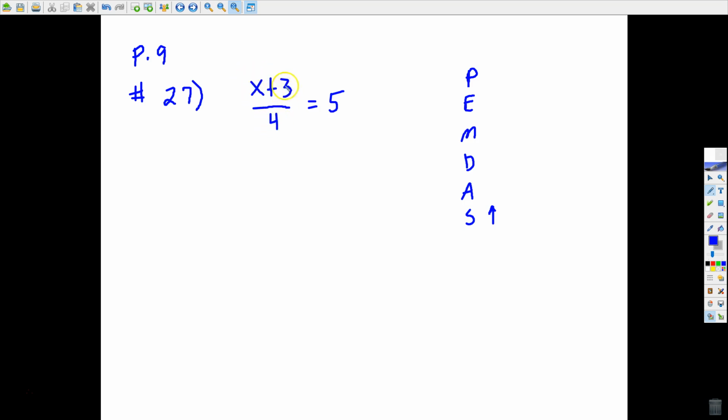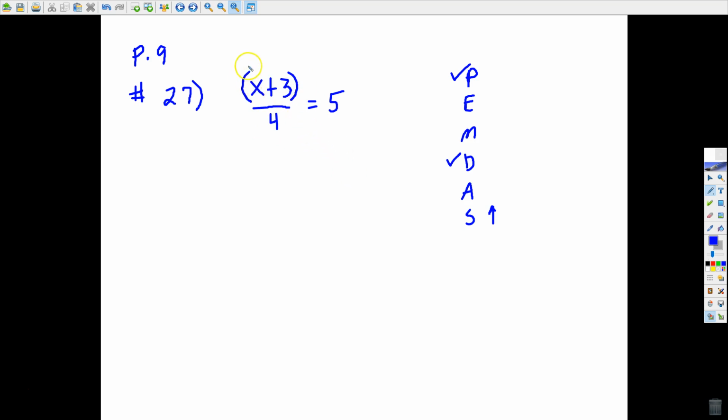You have to keep this numerator together as a group, and so in cases like this where the variable is contained in the numerator of a fraction and there's an operation involved, I would encourage you to put parentheses around this numerator, because when we mark off the parts of PEMDAS that are now showing, we're going to undo division, and then we're going to undo whatever's in parentheses.